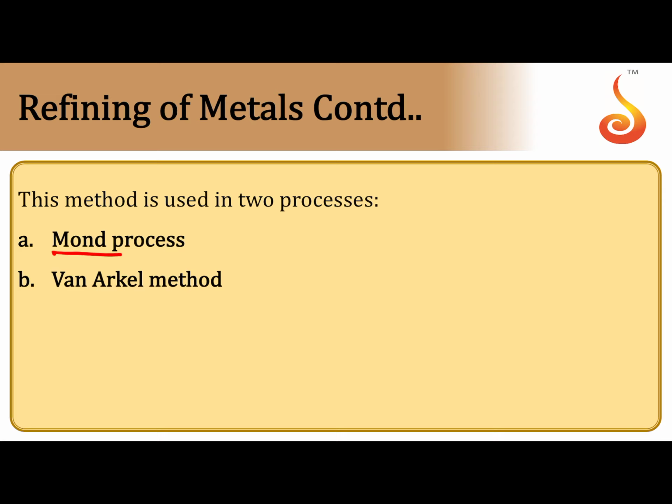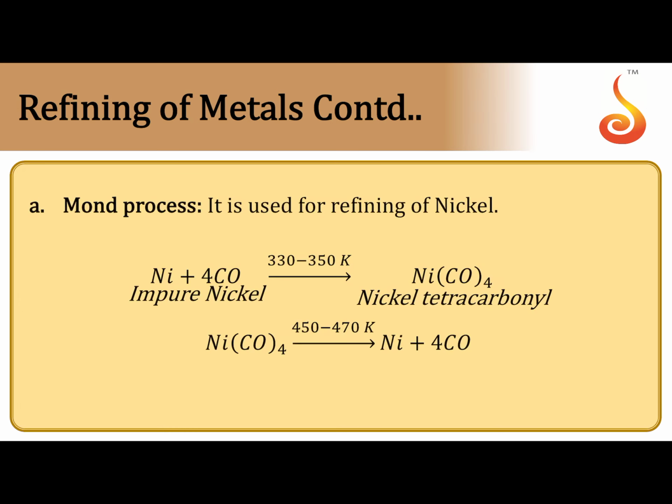For refining of metals, some named reactions and specific methods are there: Mond's process and Van Arkel process. In Mond's process, nickel is subjected to refining. The impure nickel is heated with carbon monoxide gas. Carbonyl can form a strong bond with the central metal atom due to the synergic effect.